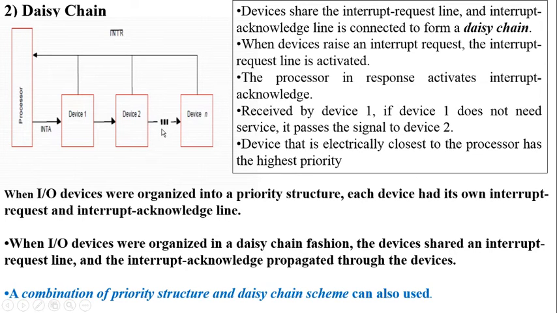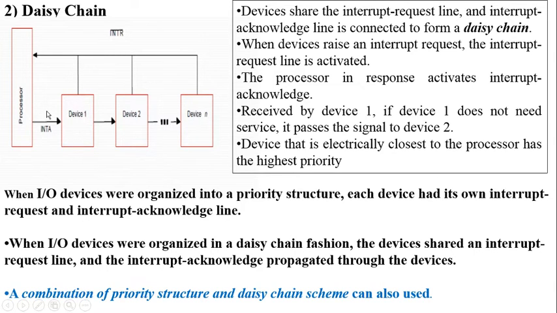That is the working. Suppose device 1 is not willing to send an interrupt request, and device 2 alone wants to send an interrupt request. In that case, if the processor is ready to accept the request, after accepting it, it generates an interrupt acknowledgement. After receiving this interrupt acknowledgement signal, device 1 checks whether the acknowledgement is based on its request.